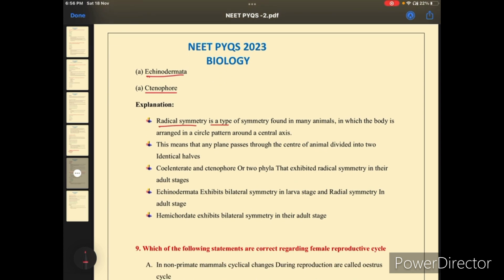Radial symmetry is a type of symmetry found in many animals, in which the body is arranged in a circular pattern around a central axis. That means any plane passing through the center of the animal divides it into two identical halves.